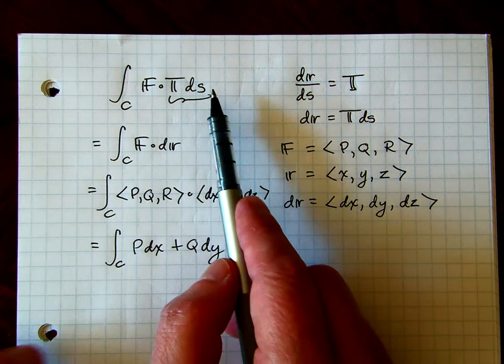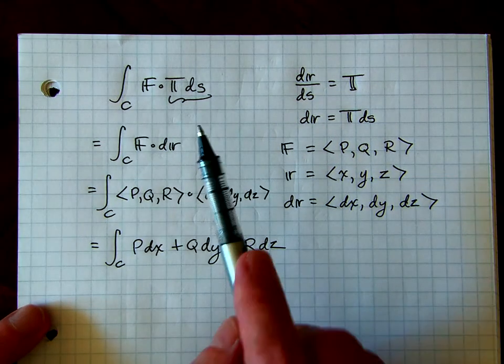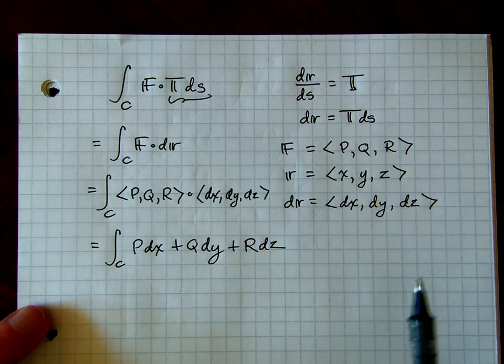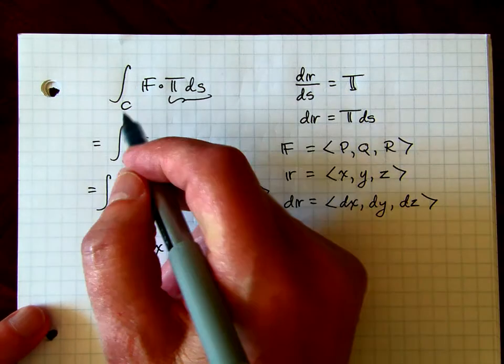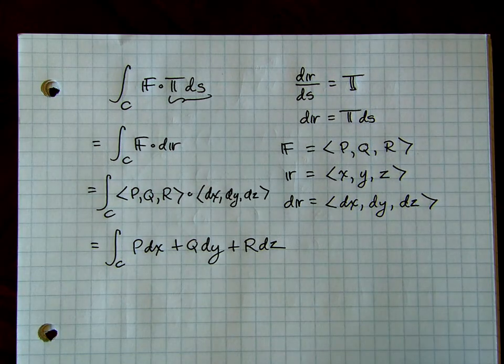So this is very often simply the definition of work. This is what you would compute if you want to find out the work done by this force over this trajectory C.